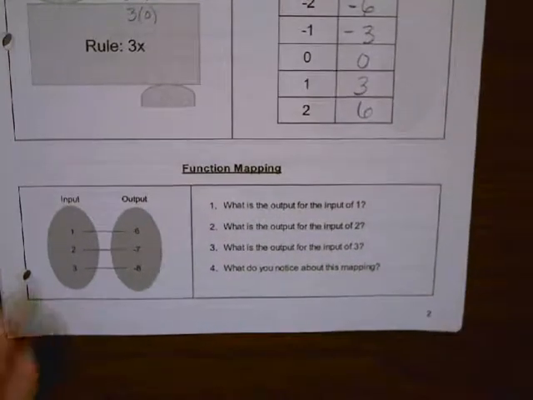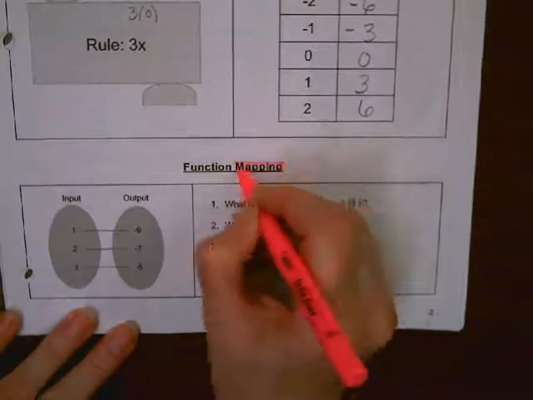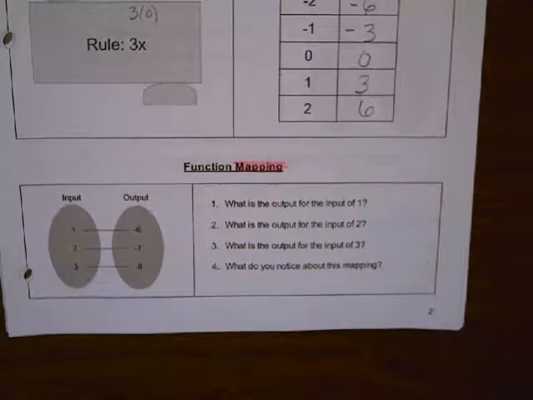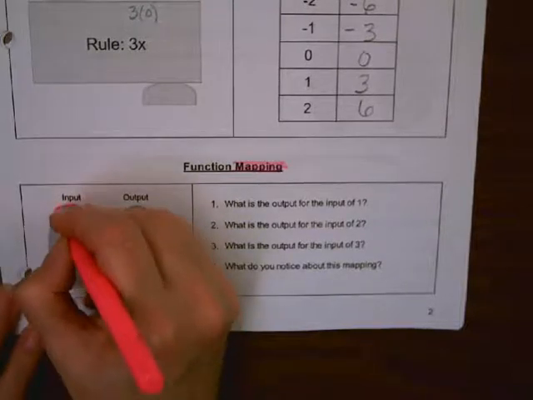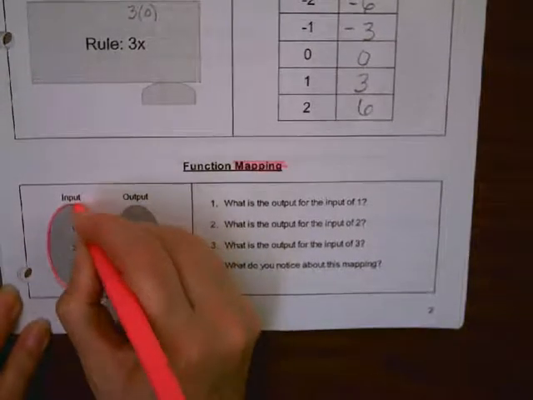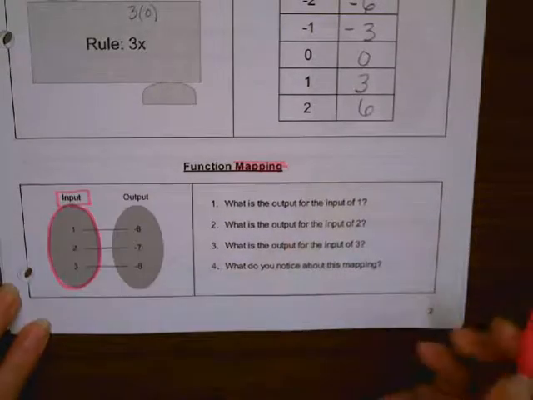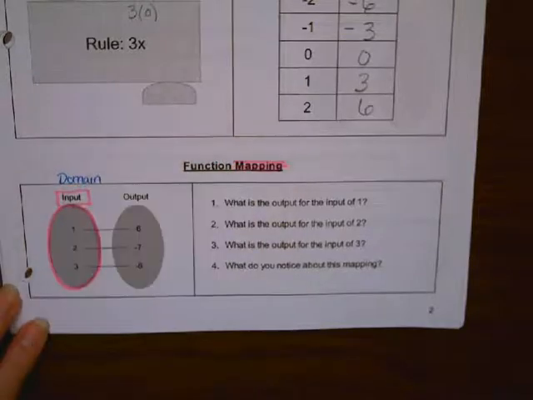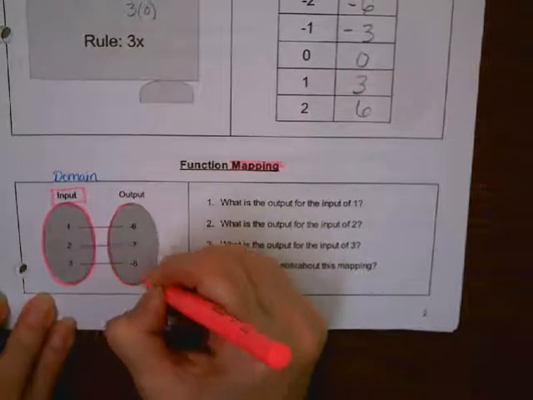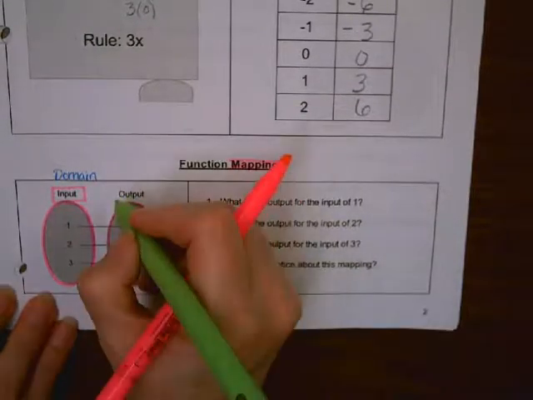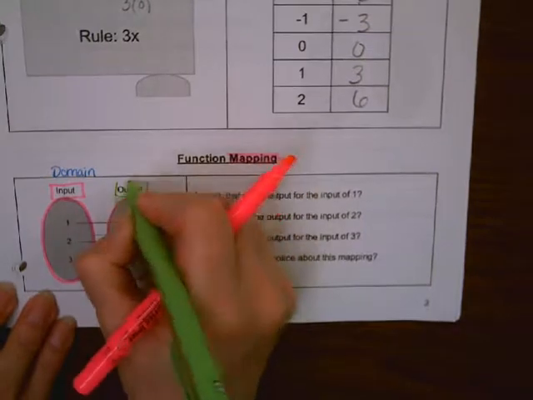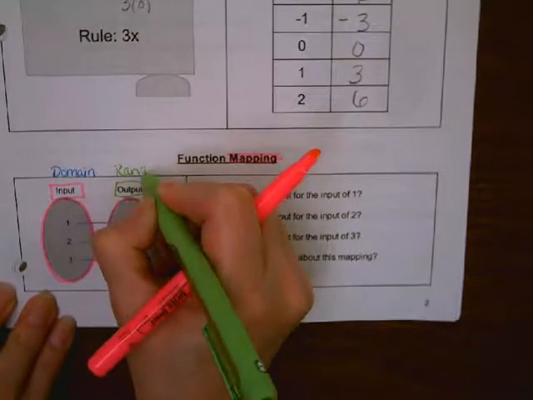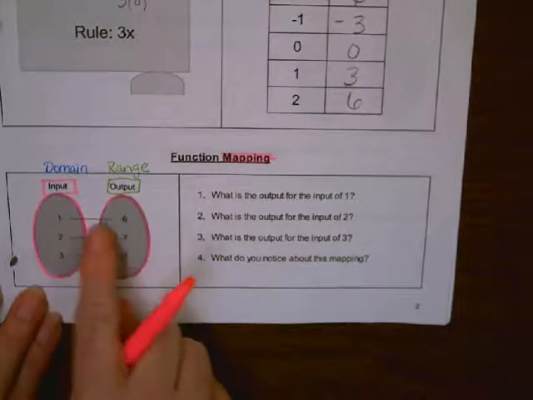All right, let's learn about a function map. This is what a function map looks like. It is an oval labeled either input or domain, and another oval labeled output or sometimes range. So these are ordered pairs.